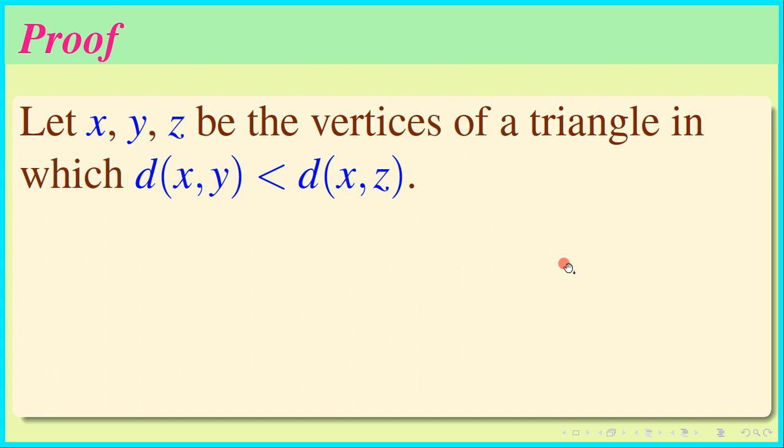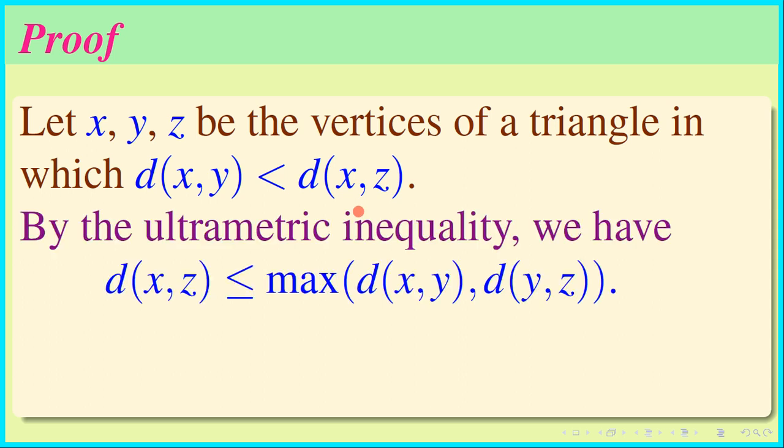Proof. Let x, y, z be the vertices of a triangle in which d(x,y) is less than d(x,z). By the ultrametric inequality, we have d(x,z) is less than or equal to the maximum of d(x,y), d(y,z). Y is introduced here.